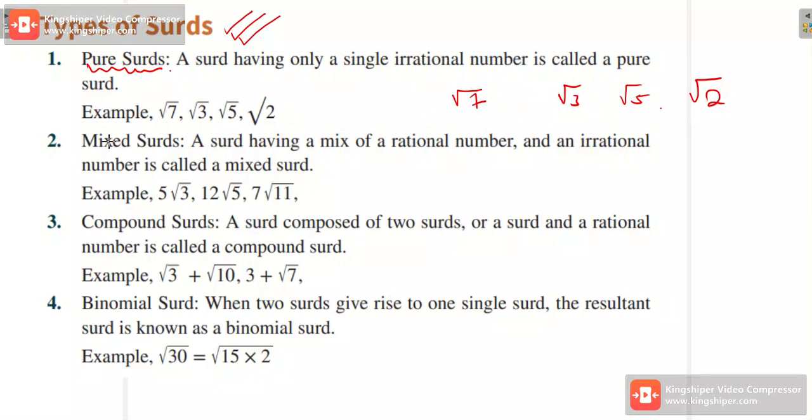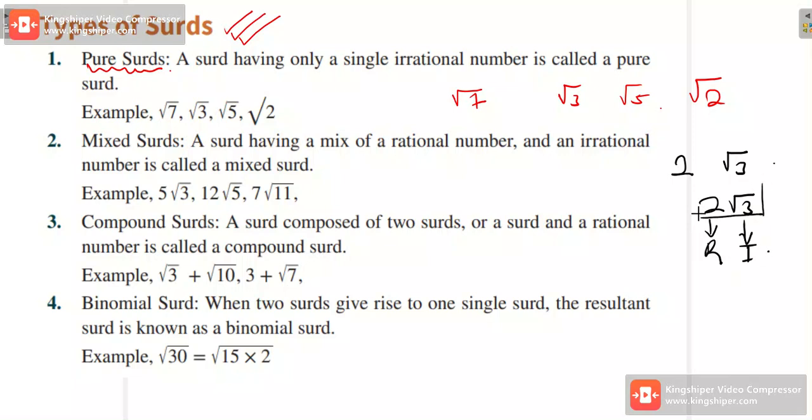Now when we talk of a mixed set, a set having a mix of rational numbers and irrational numbers makes it a mixed set. So for example, there is a rational number 2 and I have an irrational number root of 3. If I multiply the two, I'm going to have 2 root of 3. So it is a mixture of rational number and irrational number.